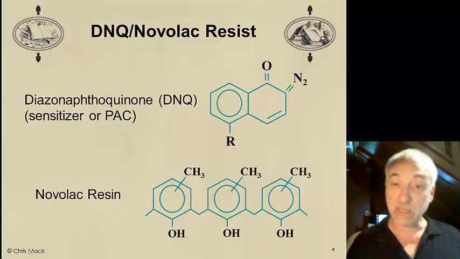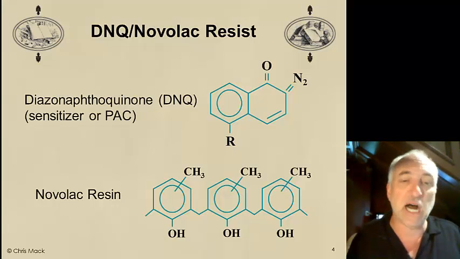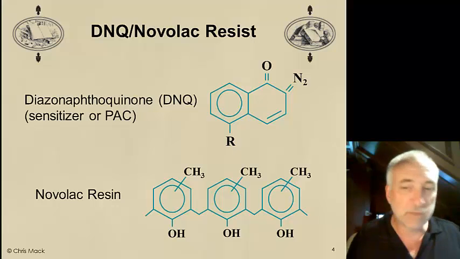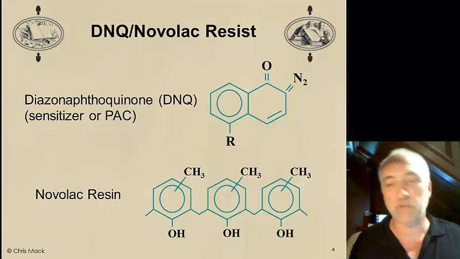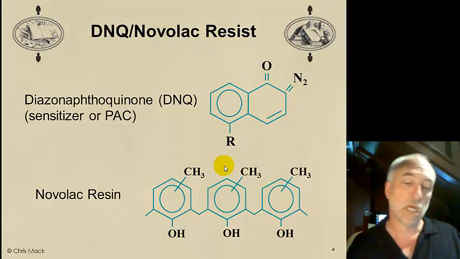The chain length can be short or long. In fact, most photoresists have a mix of short length, maybe 5 or 6 monomers strung together, all the way up to maybe 20. And we'll have a mixture of high and low molecular weight versions of this polymer.